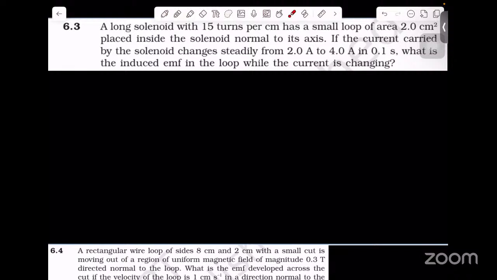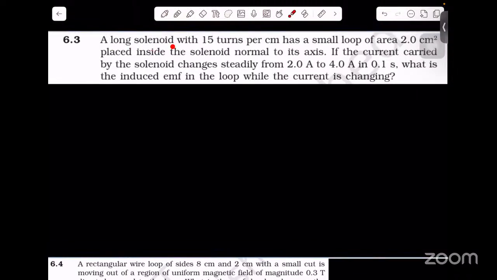The question says, we have a long solenoid with 15 turns per centimeter, and a small loop of 2 centimeter square area placed inside the solenoid normal to its axis. If the current carried by the solenoid changes from 2 amperes to 4 amperes in 0.1 seconds steadily, what is the induced EMF in the loop while the current is changing?